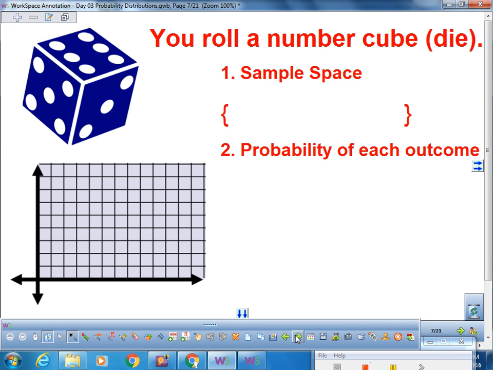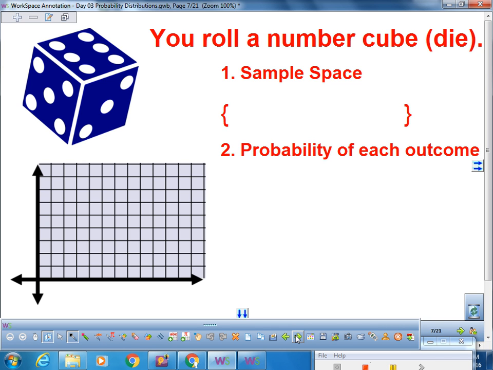Alrighty. So you roll a number cube. Let's talk about that. We call it a die or dice, right? So you roll a number cube. What is our sample space? What would that look like? Think of sample space as your desk.